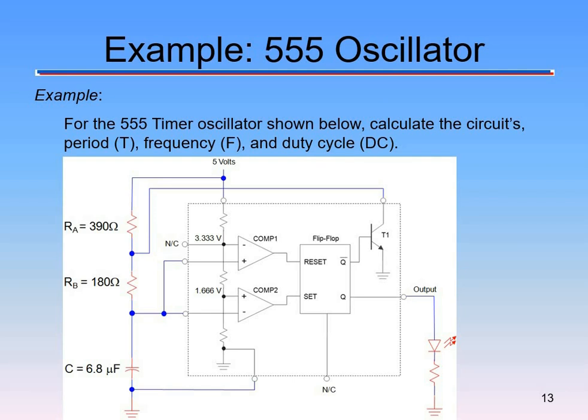Okay, let's take a look at an example here. We have this 555 timer, and we want to calculate the circuit's period, frequency, and duty cycle. Well, we have to pluck off the important pieces here. What are the important pieces? RA, RB, and C, the capacitor value. Please remember that the capacitor is 6.8 microfarads, so make sure that you put it into farads when you do the calculation.